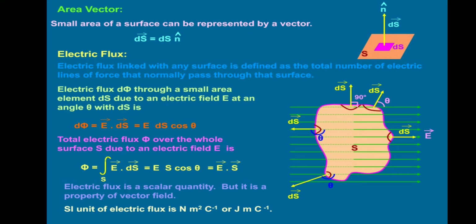The total electric flux over the whole surface, that is phi, we get by integrating it: phi is the integral of E dot ds, which gives E S cos theta, that is E vector dot S vector. Since it is a dot product, it is a scalar quantity, and the SI unit for it will be Newton meter square per coulomb.